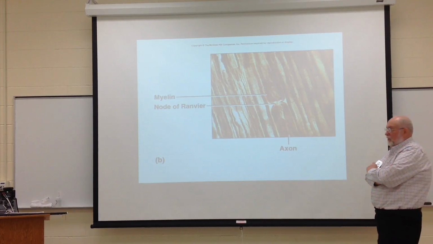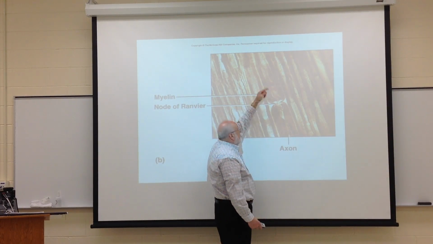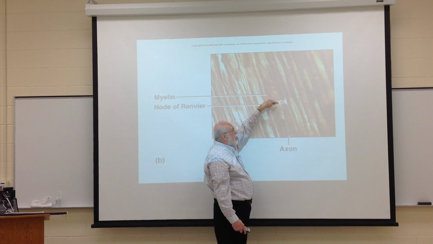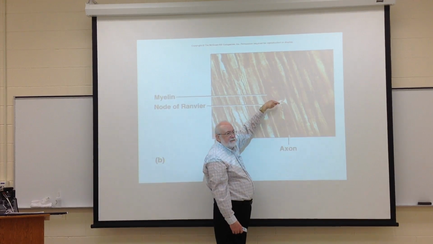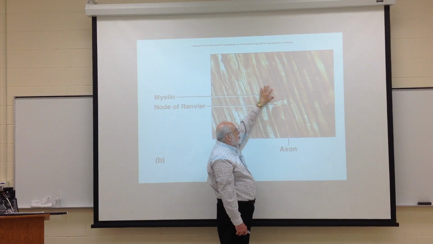Now, if we were sending a nerve impulse down this fiber, that's the only place the sodium and potassium channels are going to pop open and close. That's the only place where the membrane really depolarizes and repolarizes. Sodium and potassium channels aren't going to open here and here. Why?